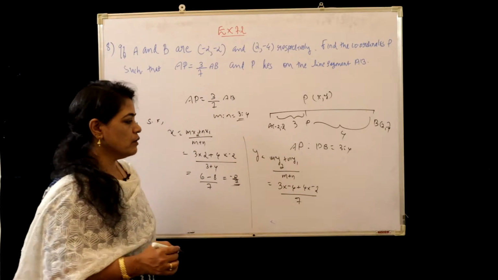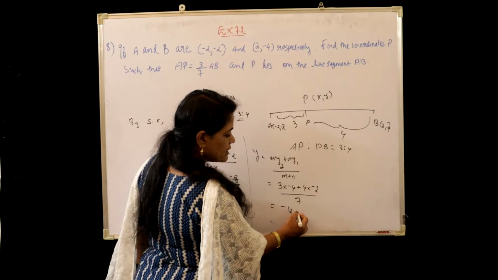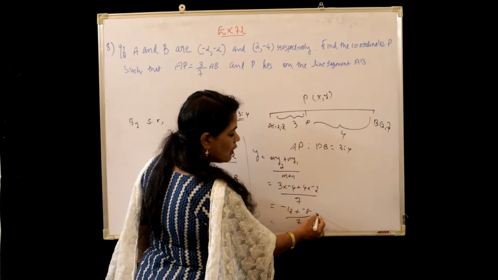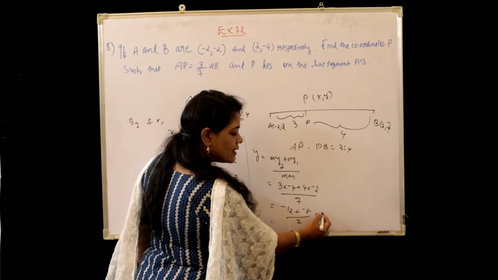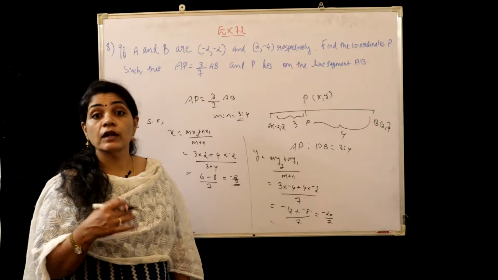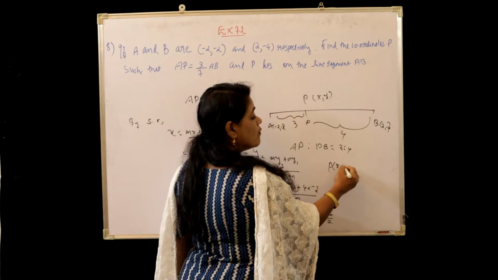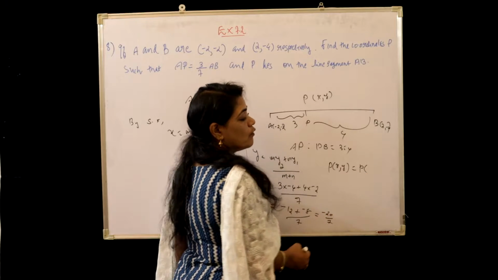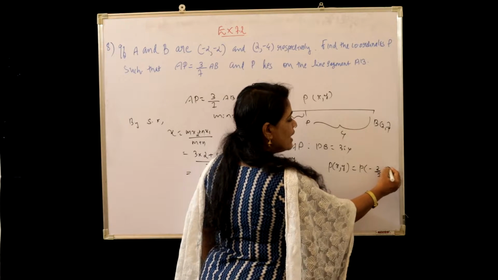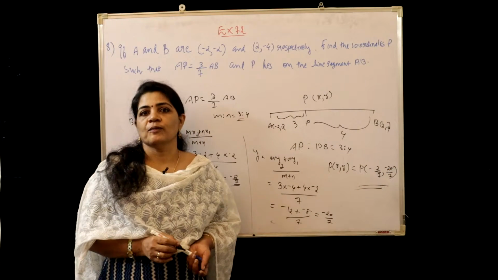So 3 times minus 4 is minus 12, plus 4 into minus 2 is minus 8, divided by 7, or minus 12 minus 8 is minus 20 by 7. So we now have the coordinates of P: P of x comma y equals P of (minus 2 by 7, minus 20 by 7) by the section formula.